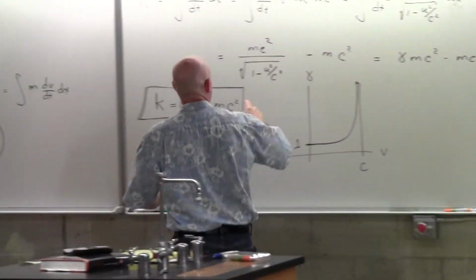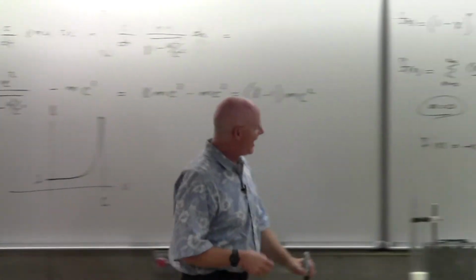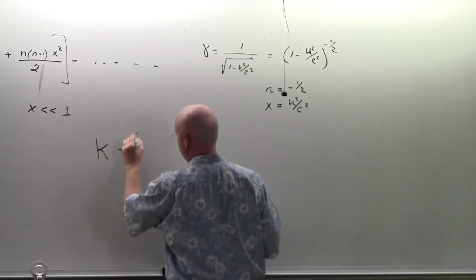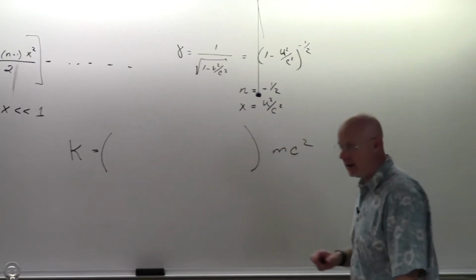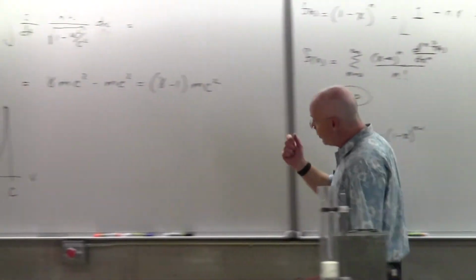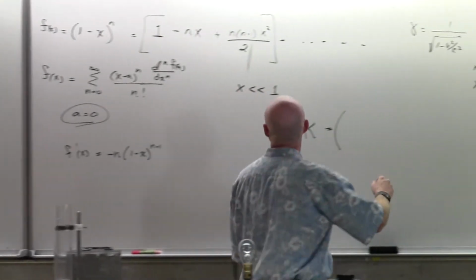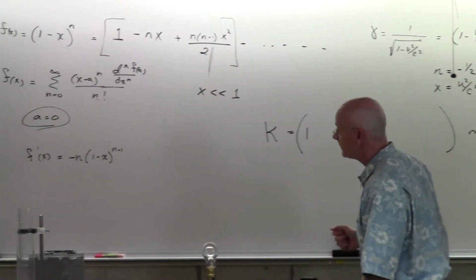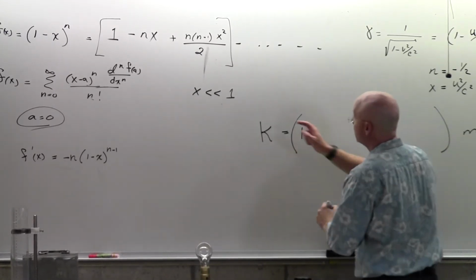All right. So, okay. But the point here is, let's take a close look at this. If I write down the kinetic energy, here's my mc squared. Let's look at what I have. I can replace this function gamma with 1, let's see if I got this right, minus an n.